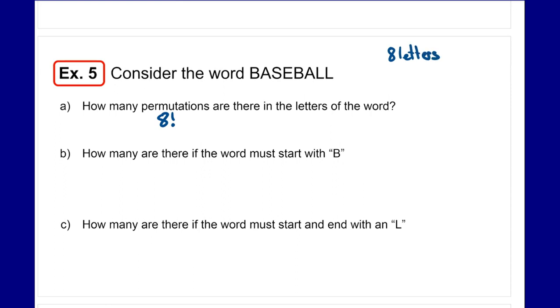But we have 2 A's. I'm just writing it up here because this will apply for all the other following questions. So we have 2 A's. We have 2 B's. That probably should have been first. 2 B's. And we have 2 L's.